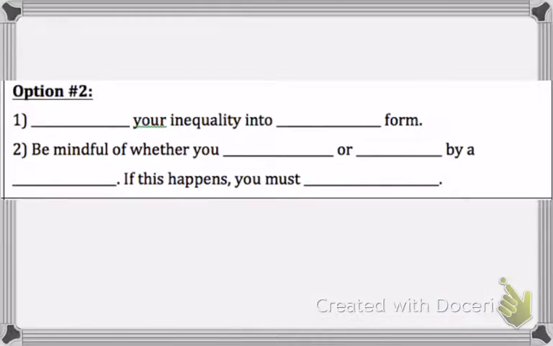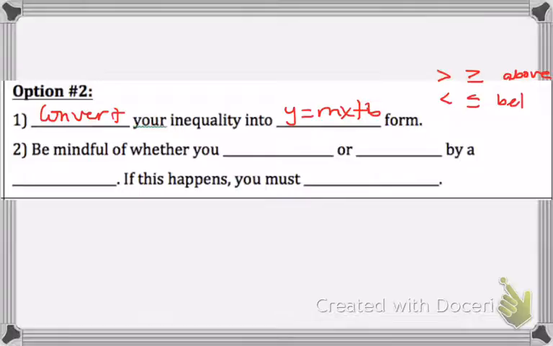All right, so option number 2, if you like saying greater than is above and less than is below, is you can convert your inequality into y equals mx plus b form. And then you can use greater than or equal to is above, less than or equal to is below. So here's why, as a teacher, I don't really like this method.